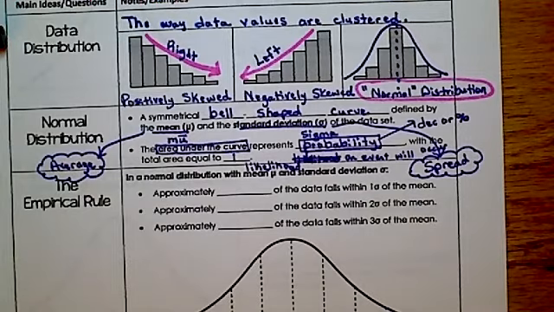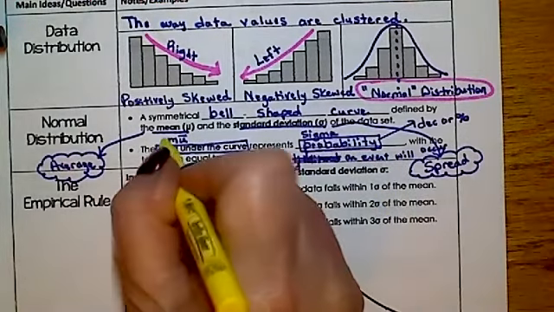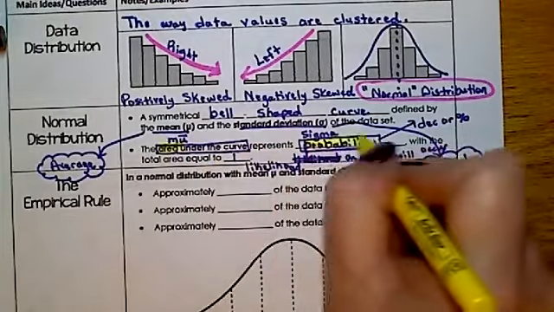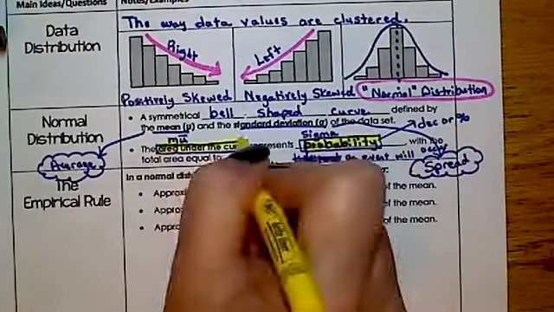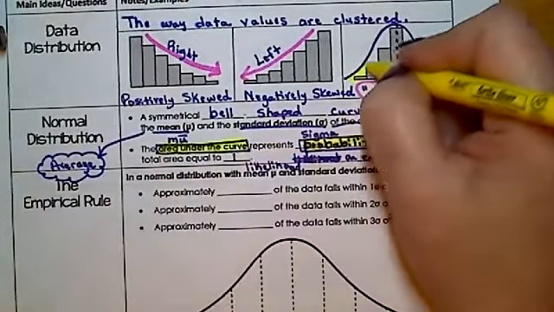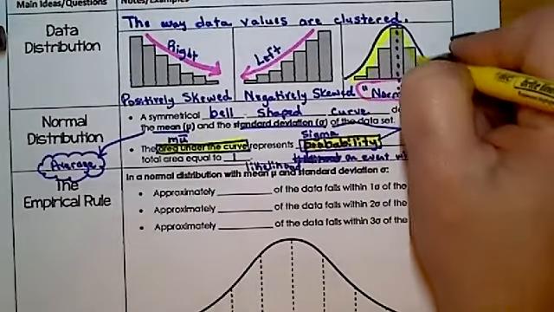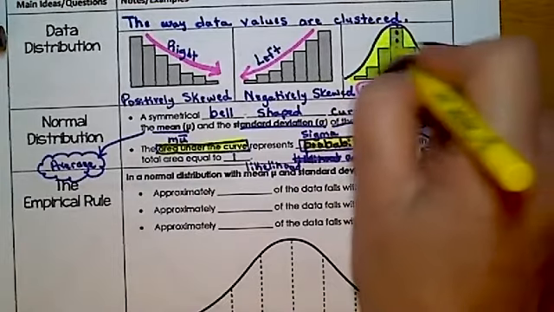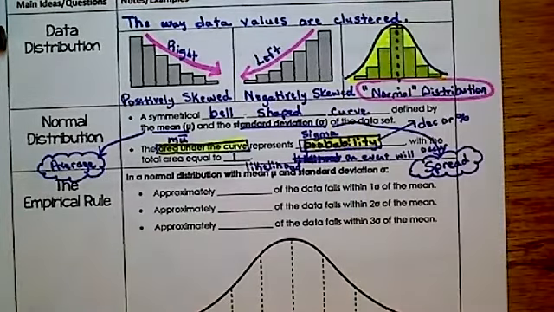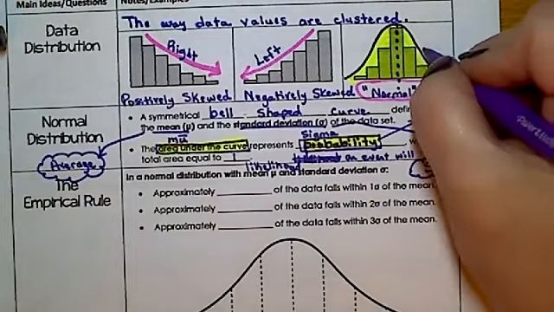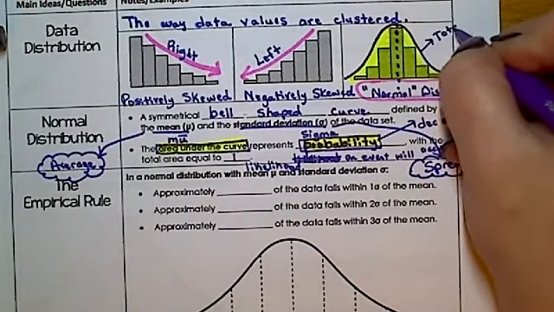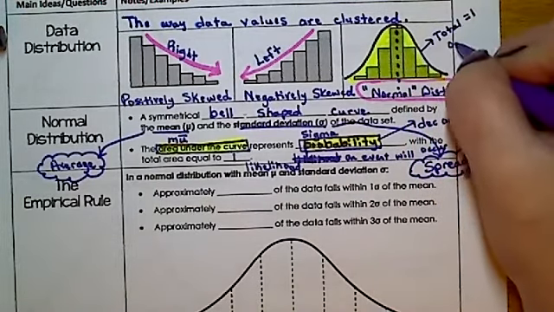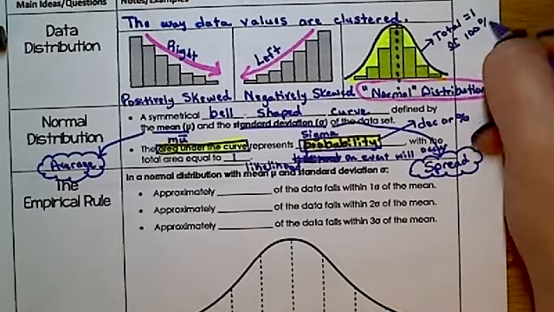Now, in this section, probability and area are going to be one and the same, okay? So the probability is going to be under this curve, the likelihood that certain things will occur, and that is going to total a 1 or 100%, okay? So that totals 1 or 100%.